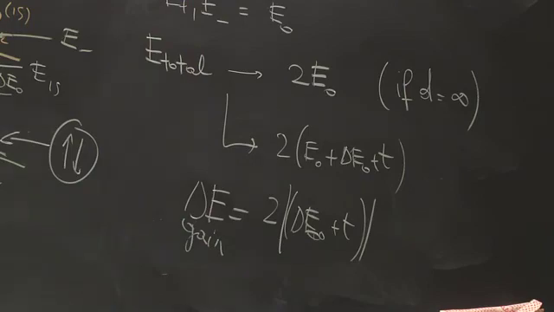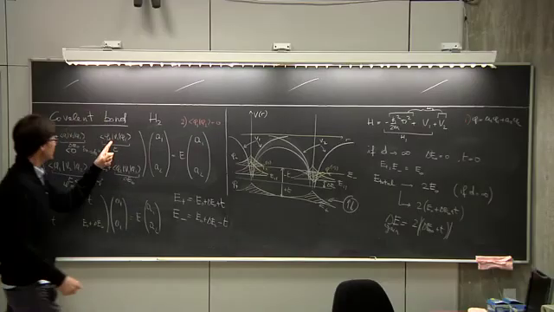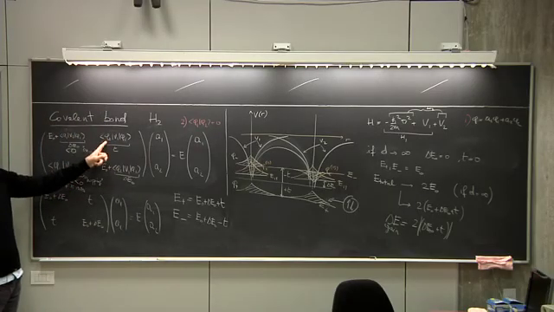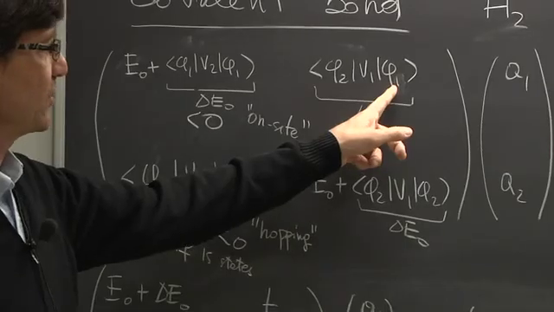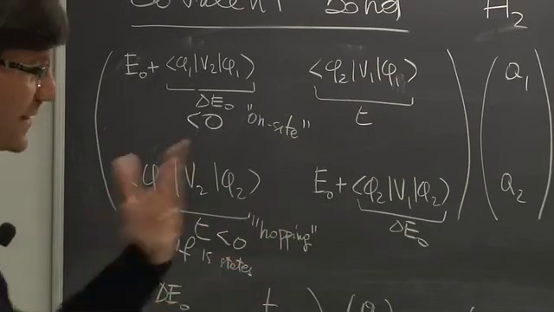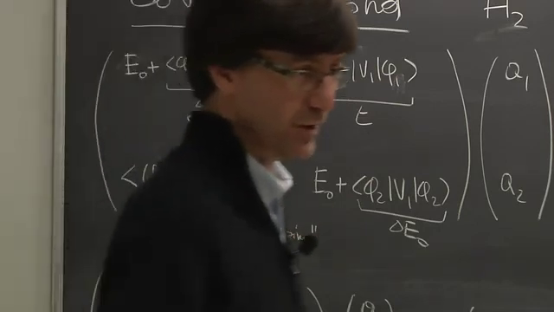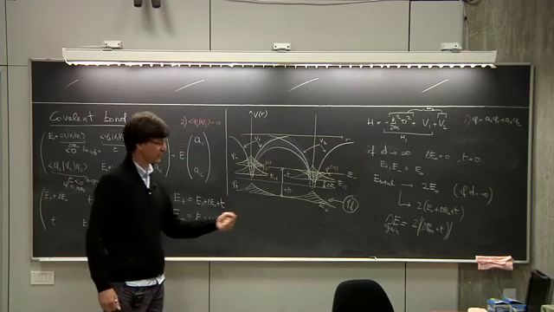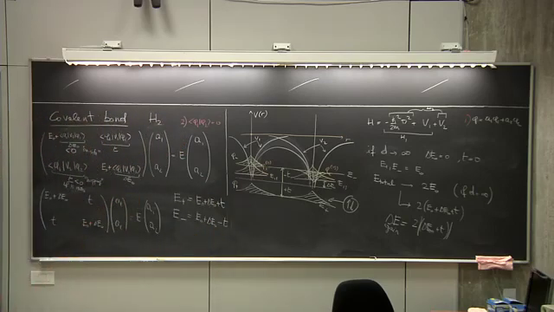So I've gained energy by rewriting the wave functions, building these linear combinations of wave functions, and taking advantage of these 2 terms. That is, taking advantage of the fact that whenever this wave function sees the other Coulomb potential, here and here, there is a gain of energy. It takes advantage of the presence of the other nucleus.